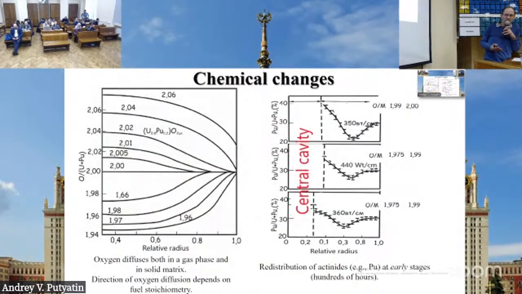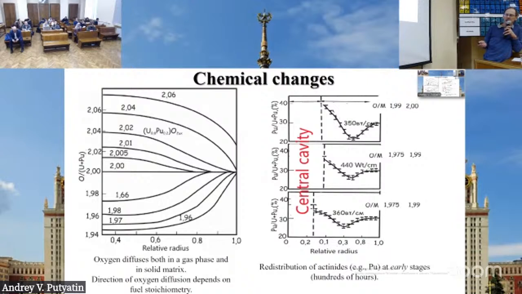And what is interesting, for example, if we look at the behavior of oxygen, let's consider that we have a fuel which doesn't have an optimal stoichiometry. It is either sub- or super-stoichiometric. So we have a different ratio of oxygen to metal. And this is the relative radius of the fuel pellet. So this is the center, this is the periphery.